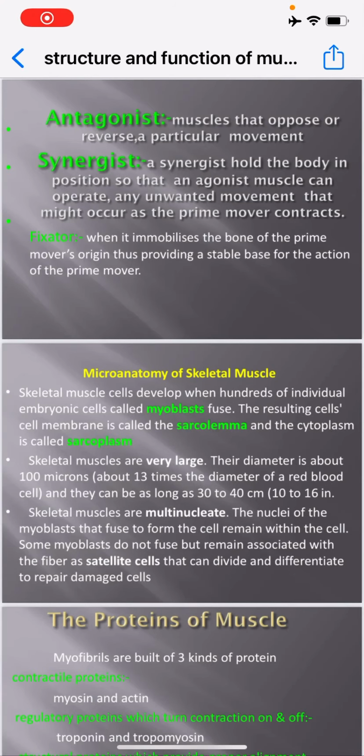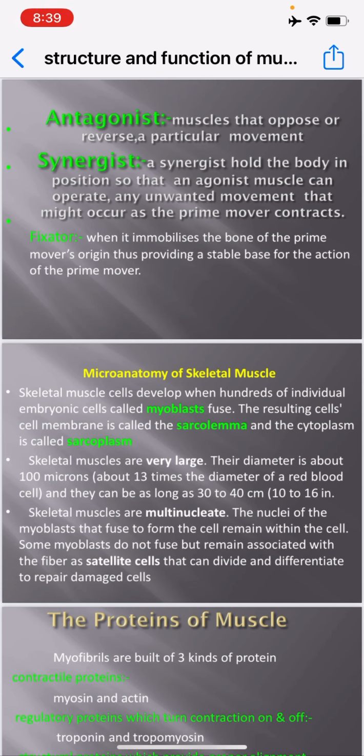This is the second part of structure and function of muscles. Antagonist muscles oppose or reverse a particular movement; they are known as antagonist muscles. What are synergist muscles?